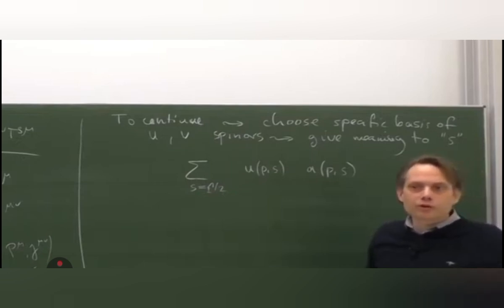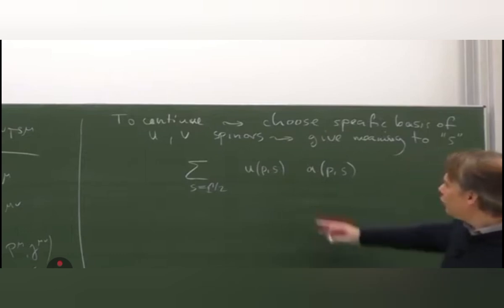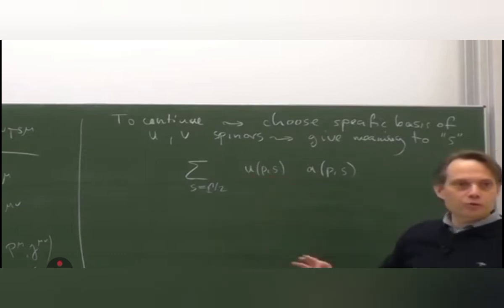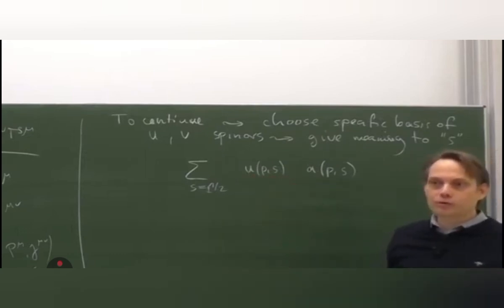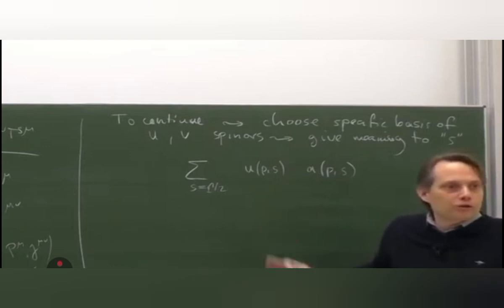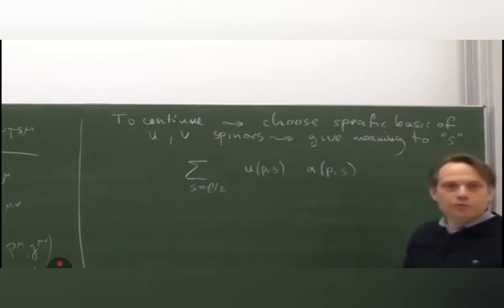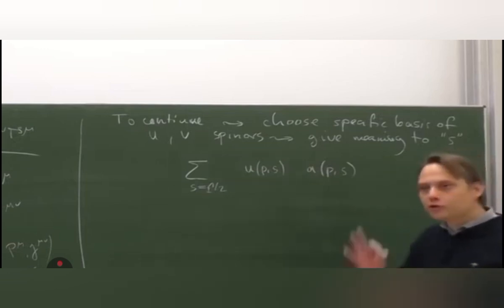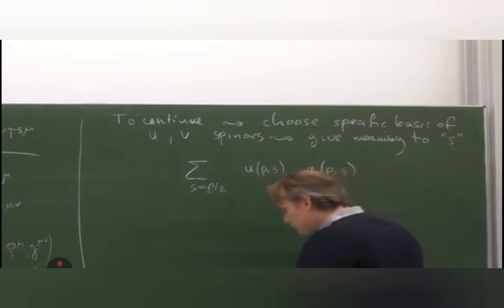Why not? This is at the moment just a label. But now let us define further properties of those two linearly independent spinors. There would be infinitely many possibilities, and all of those possibilities are equally correct. But we can now make a choice. Let us make a clever choice instead of an unclever one.